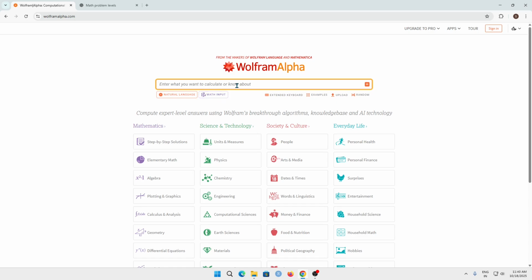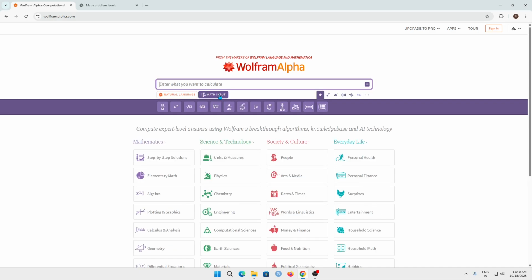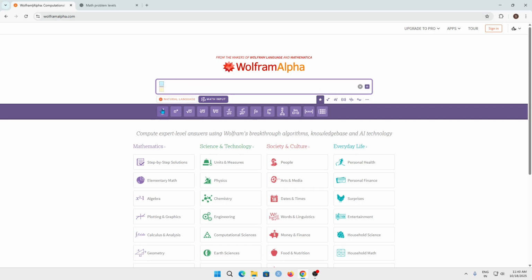Also, if you don't want to write your question in natural language, you can also write it in math input. You can use this math formula kind of format, and in that you can write your question using a numerator and denominator if you want.